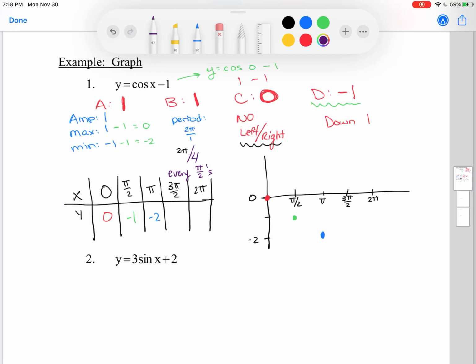Cosine at 3 pi over 2 is 0. Minus 1 gives me -1. And cosine at 2 pi is a positive 1. Minus 1 again gives me 0. Graph my lines here.